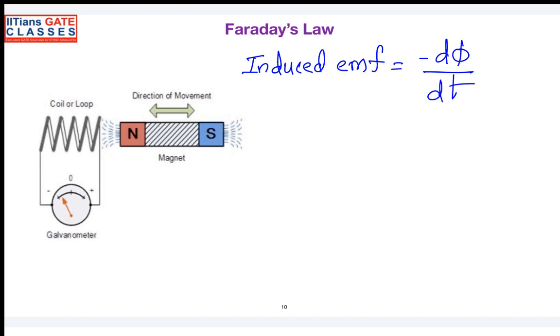The flux is changing because you are moving the magnet to and fro, so the change in flux with respect to time creates an additional voltage in this circuit. That is what Faraday's law says.